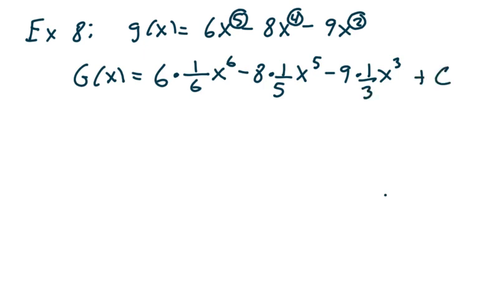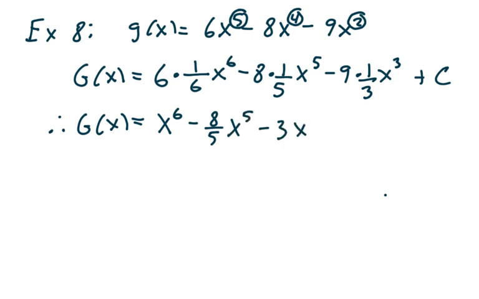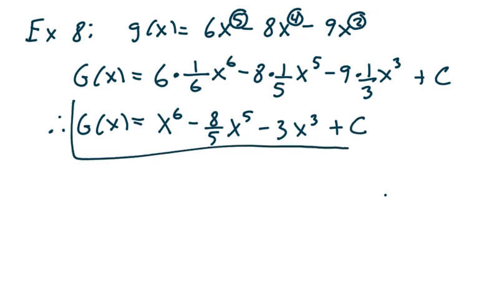And then you're going to add c, because it's a general antiderivative. And so therefore, G of x is x to the 6 minus 8 over 5 x to the 5th minus 3x cubed plus c. That's how you do example 8.